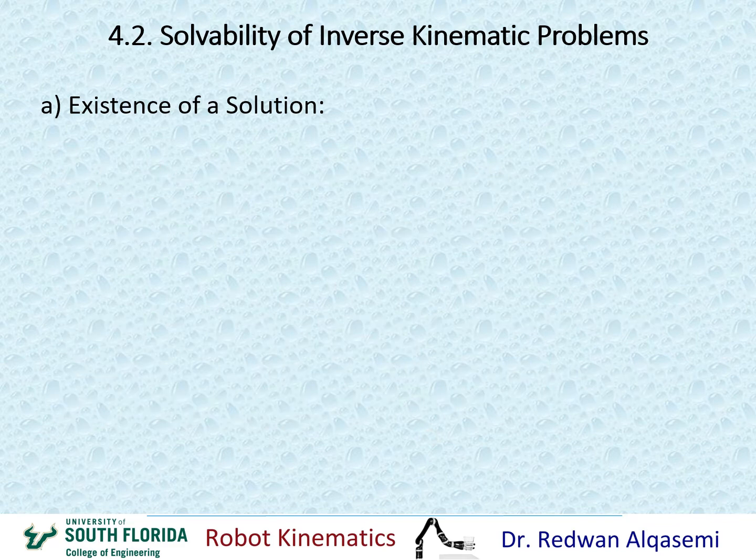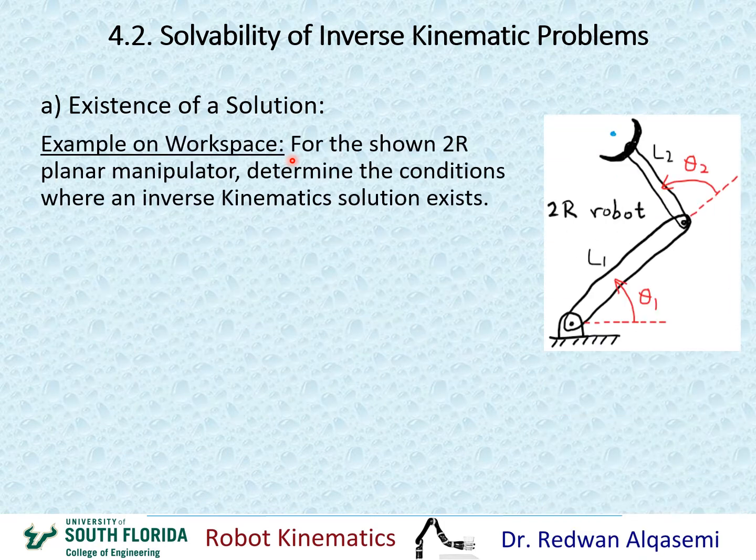Now let's take a couple of examples here to show how this solvability issue can be resolved with the existence of a solution. The first example we're going to talk about here is on the workspace. So for this example, for the shown 2R planar manipulator, determine the conditions where the inverse kinematic solution exists. And here we have a planar 2R robot.